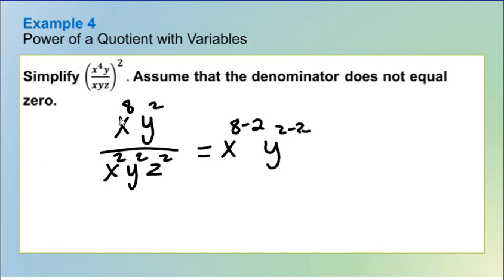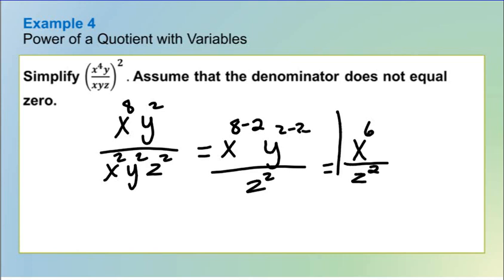And this z squared would just stay on the bottom. So now my answer would be x to the 6th, y to the 0 power, which is just 1. And then I would have z squared on the bottom. So my answer would be x to the 6th over z squared.